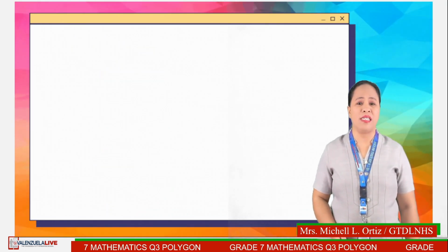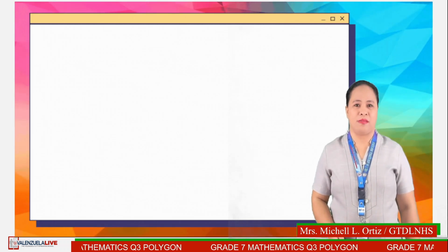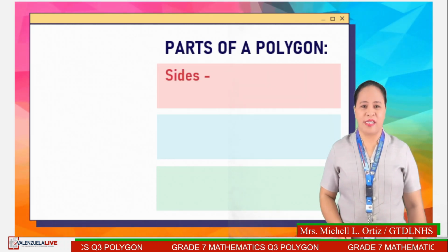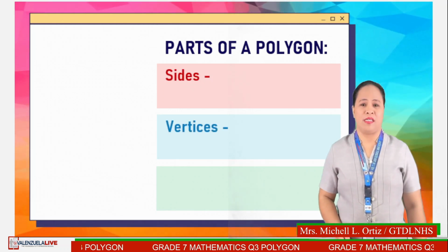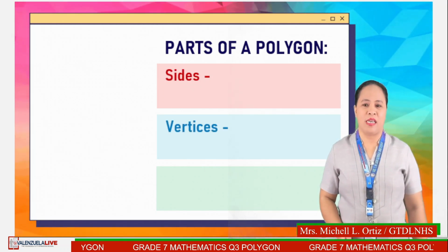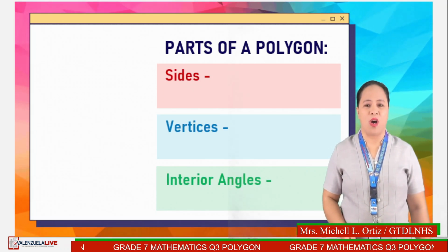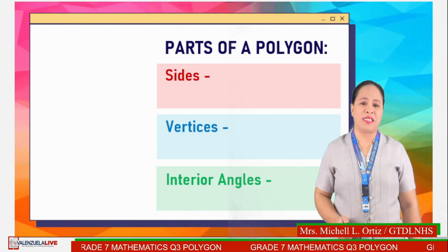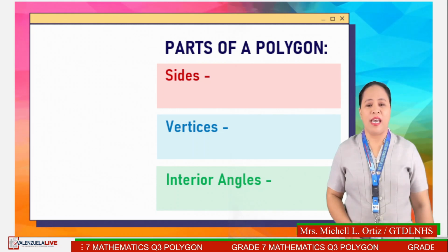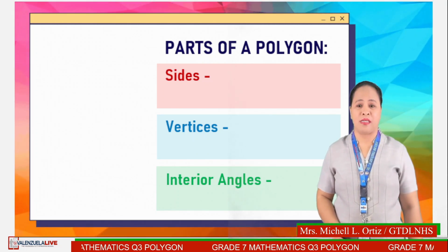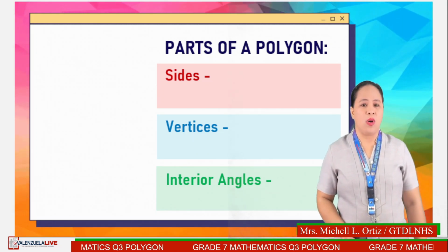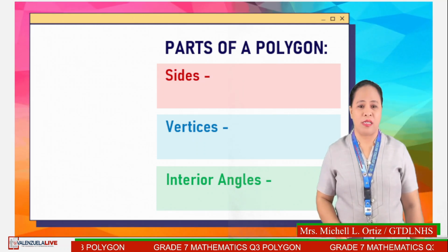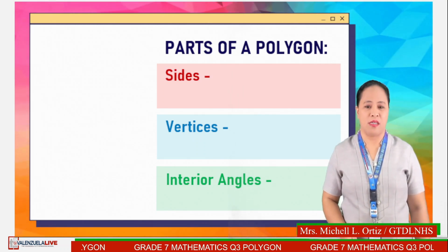A polygon has 3 primary parts, namely the sides, the vertices, the plural of vertex, and the interior angles of the polygon, wherein the segments themselves are the sides of the polygon, and the common endpoints of the segments are the vertices, while the angles formed at the vertices inside the polygon are the interior angles.